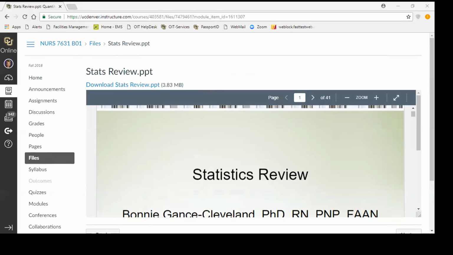And as we'll talk about later in the week, what we do with quantitative science is try to build. So you want to know what we currently know, and that's why you review all the literature. And then you want to push it one step further.